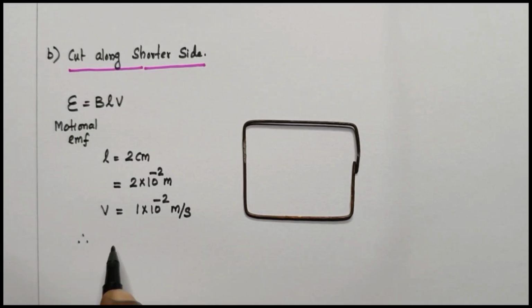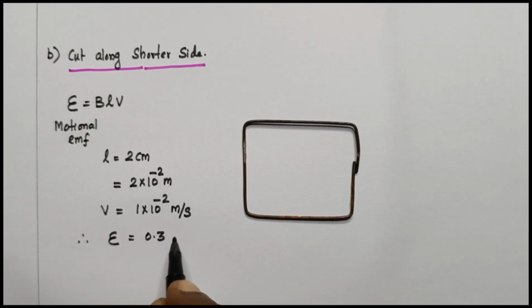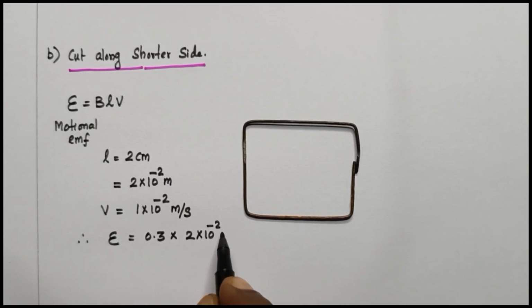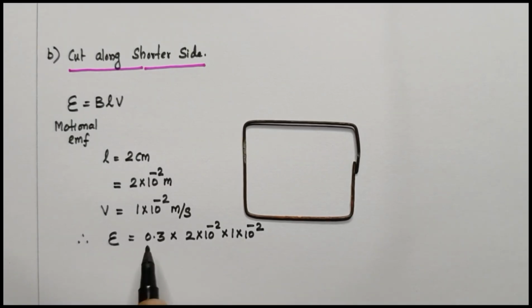Therefore, the motional EMF, BLV, is equal to 0.3 into 2 into 10 to the power minus 2 into 1 into 10 to the power minus 2. 3 2s are 6. We have to keep the decimal point after one digit.